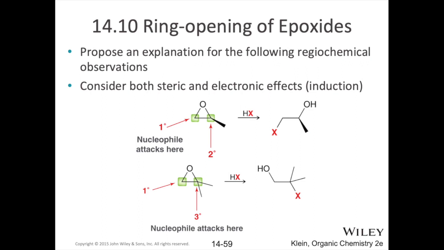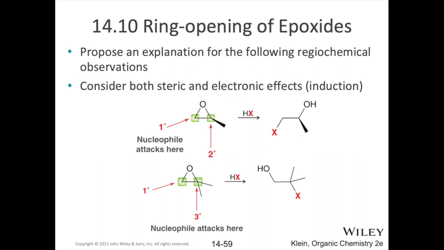All right, and we actually see that here in this example with the primary versus secondary site. Clearly, there's a preference for that primary site. But here's what's really weird. If we have a tertiary site available, normally under SN2 conditions you don't see a reaction there, but instead we do. We see a preference for that product. Now, this mimics what we see with SN1 mechanisms.